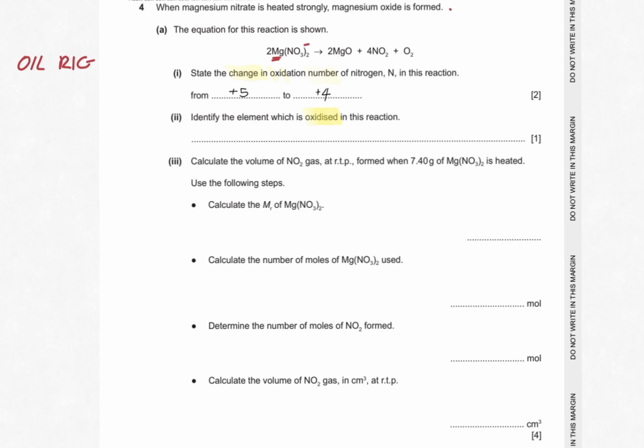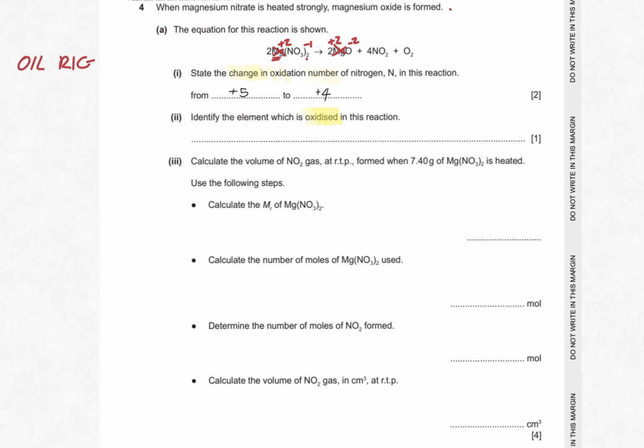We know that nitrate has an oxidation number of -1, and there's 2 of them, so magnesium will have an oxidation number of +2. Then magnesium oxide. Oxygen has an oxidation number of -2, the magnesium will have an oxidation number of +2. There's no gain or loss of electrons here, so it's not being oxidized or reduced. It's a spectator ion.